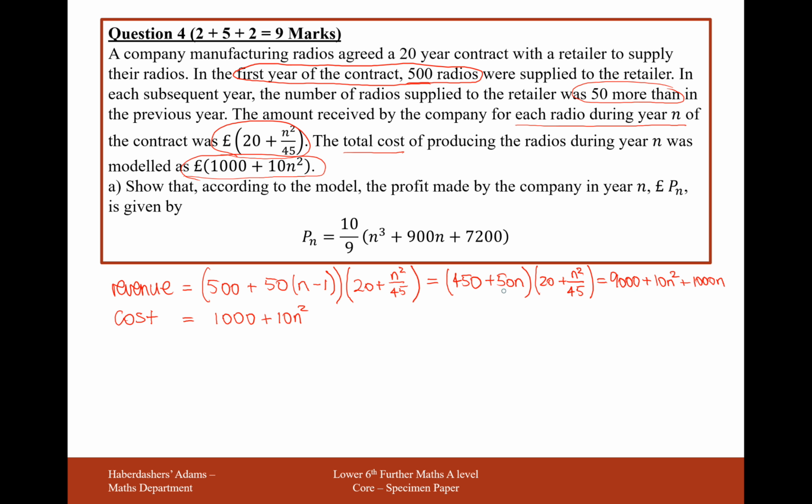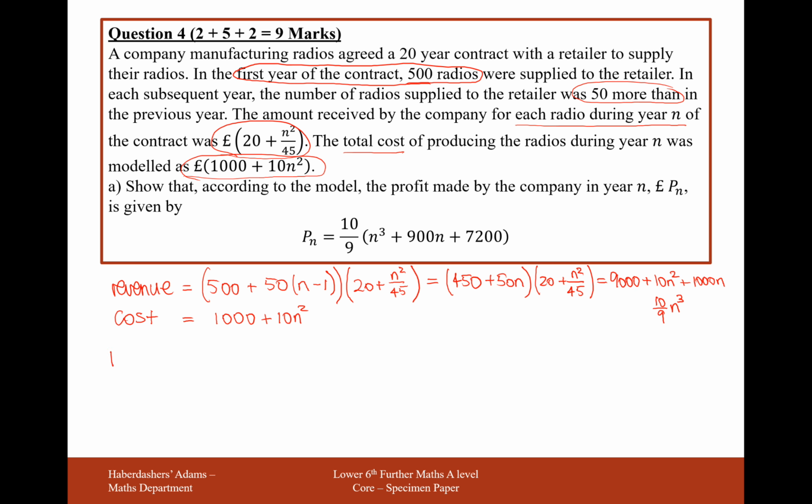And the last part here, 50N times N squared over 45, that's going to be 10 over 9 N cubed. Great, okay. And then what we need to do is take away the cost.